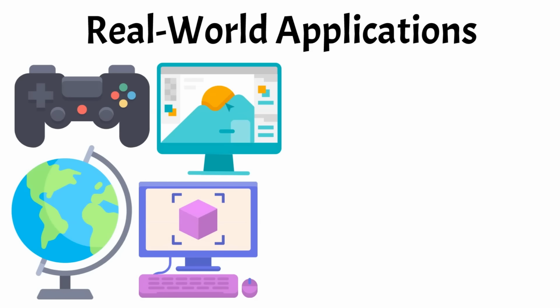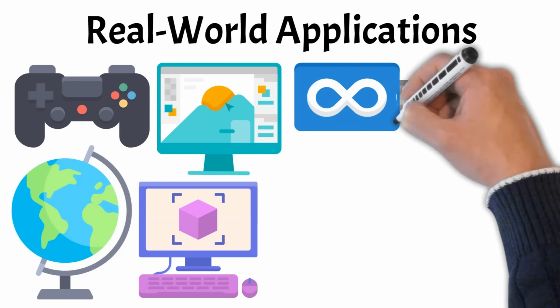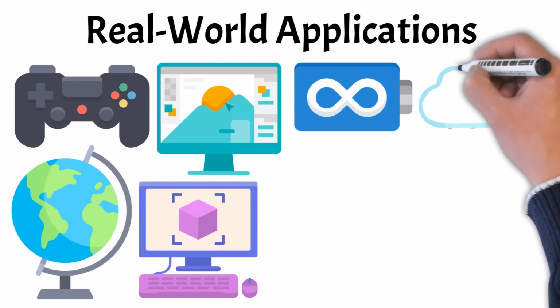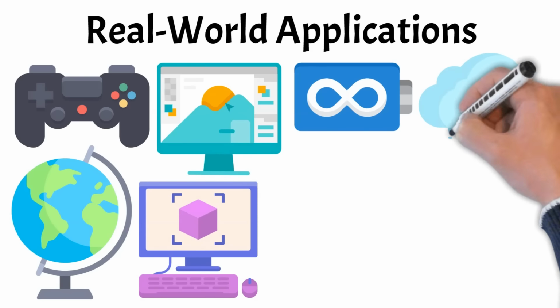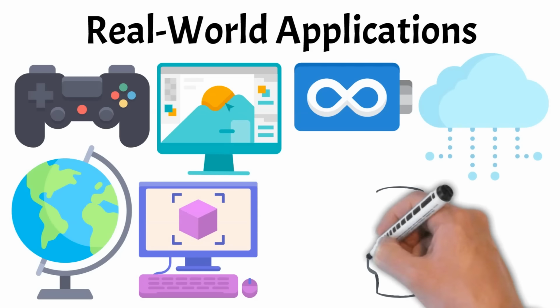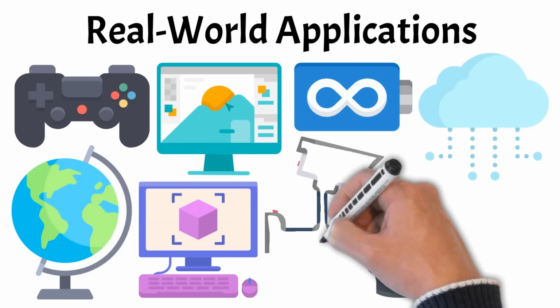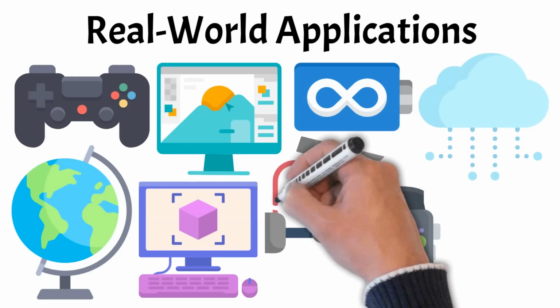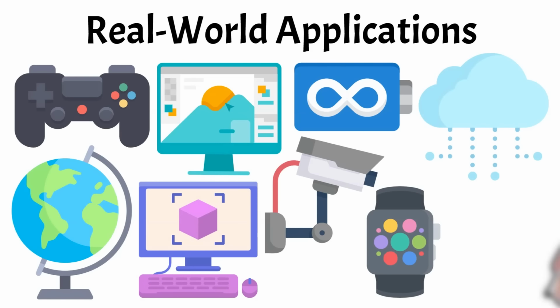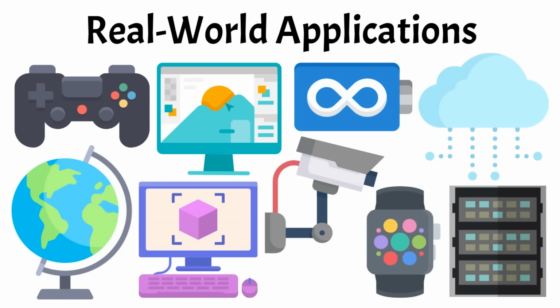On the other hand, ARM is widely favored for low-power, always-on applications, making it the backbone of embedded systems, IoT devices, and even some cloud computing solutions. For instance, smart home automation systems, wearable health monitors, and battery-powered security cameras frequently rely on ARM processors for their energy efficiency. Additionally, ARM's increasing adoption in server environments and even personal computing shows how its capabilities are expanding beyond traditional mobile and embedded uses.